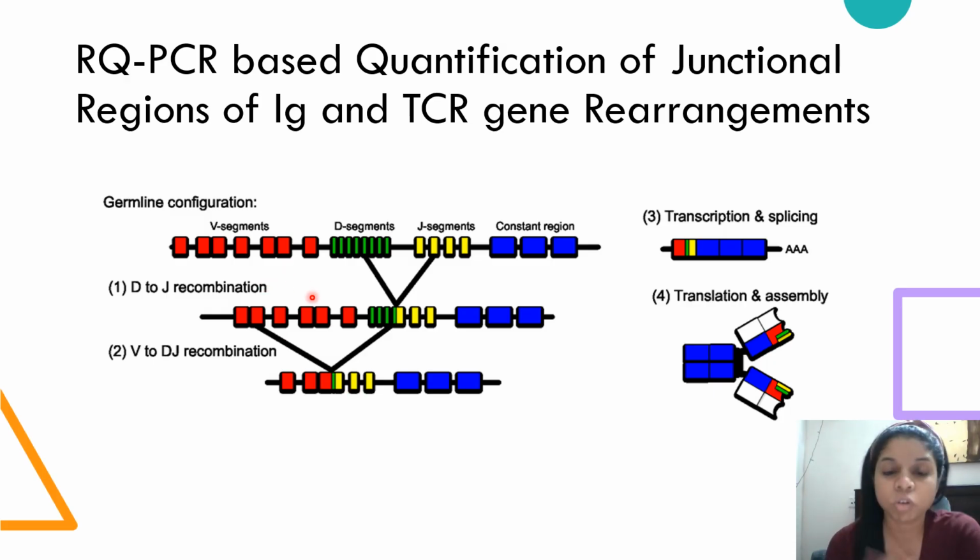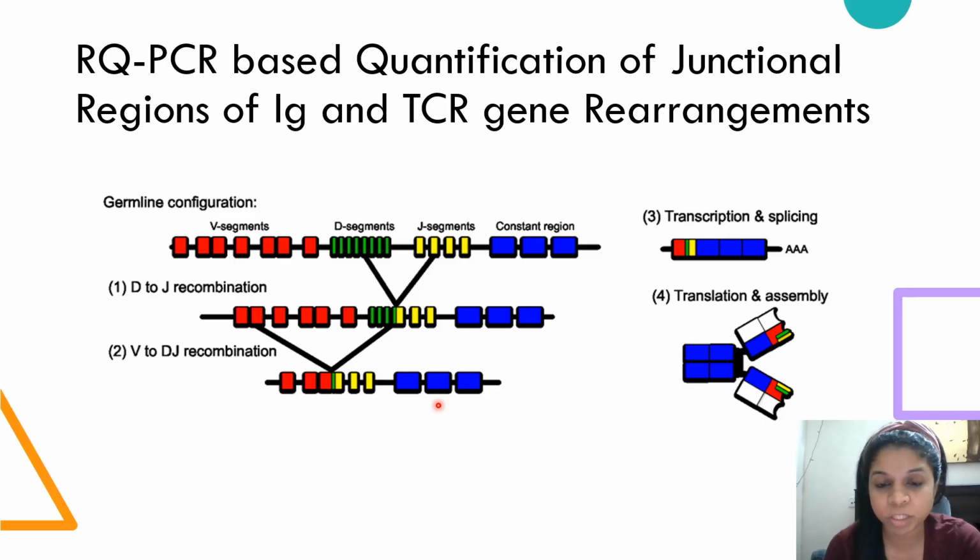That clone will show a certain kind of V, D and J segment combination, like V1 clubbed with D3, or V4 clubbed with D5 and J3. That combination of clubbing can be a characteristic of the leukemia clone which we are detecting.